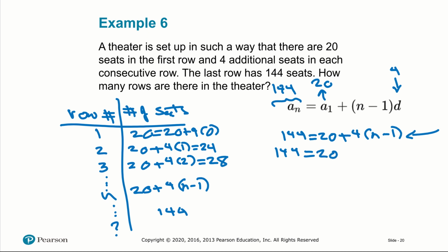So we get 20 plus 4n. Remember, we're going to distribute the 4 minus 4. So we get 144 equals 4n plus 16. Now we'll subtract 16 from both sides.